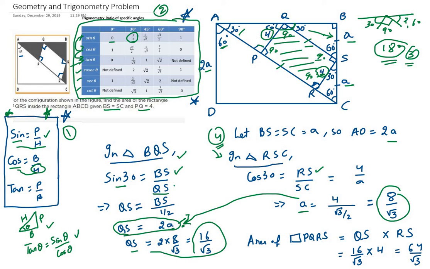Now we know the length of QS, and we already know the length PQ. So we know the length and the breadth of the rectangle PQRS. We can multiply both of them, and we get the area to be 64 by root 3.